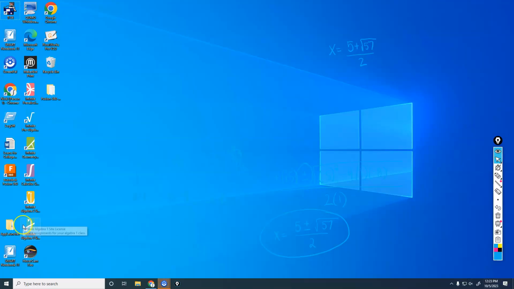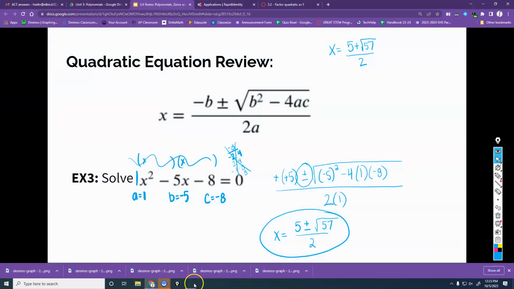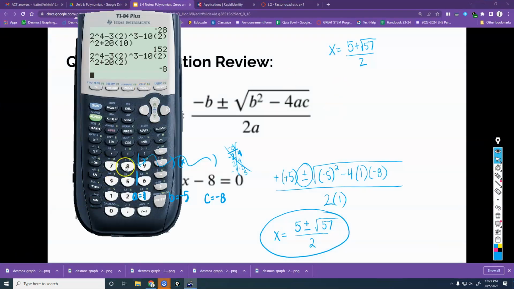You can get a decimal for it. So if you do 5 plus the square root of 57 and divide that by 2, you'll get 6.275, so about 6.275.